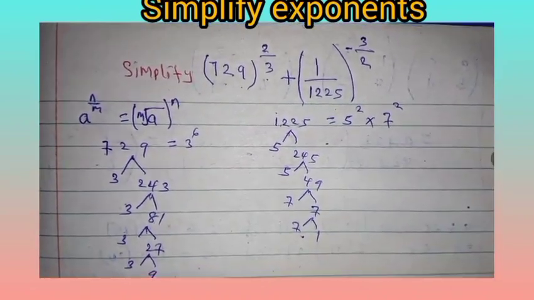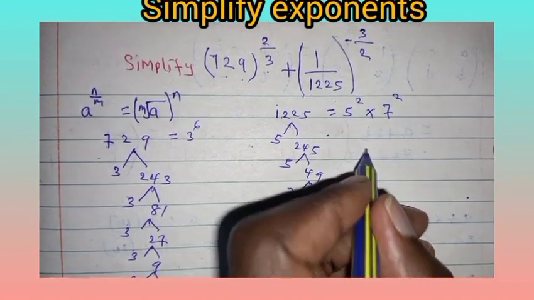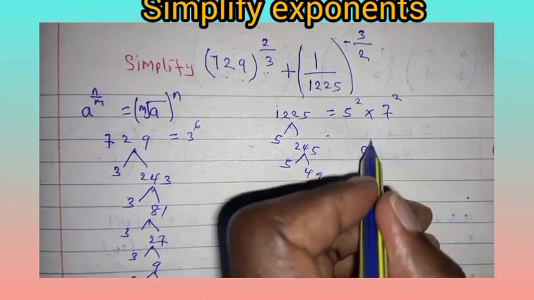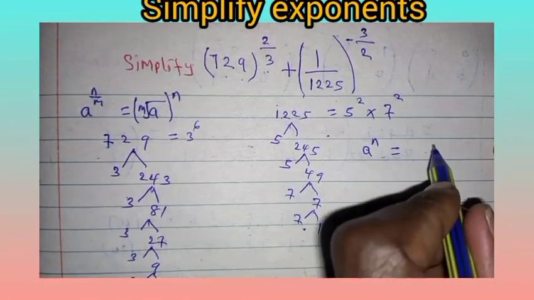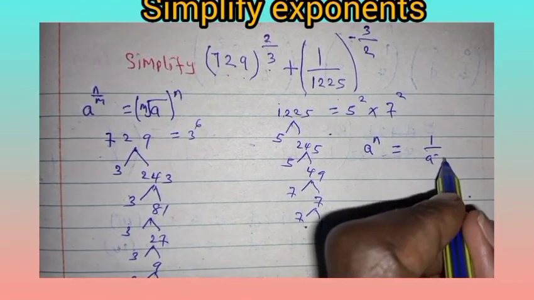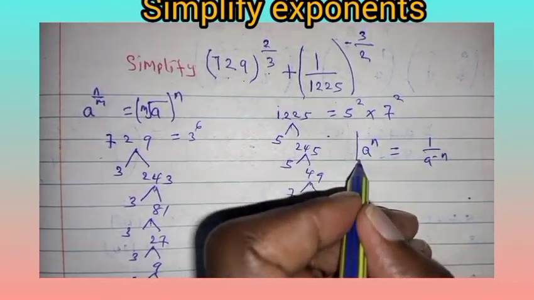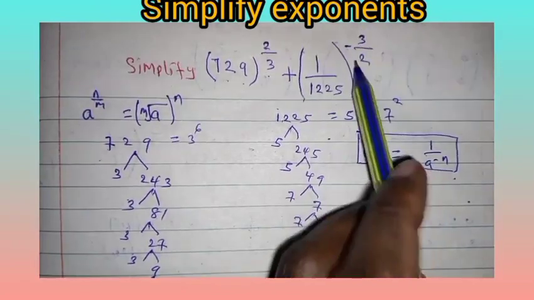From here now, we are going to make use of this identity, which tells us that if you have a power n, this can be equal to 1 over a power negative n. So I'm going to employ the identity here.